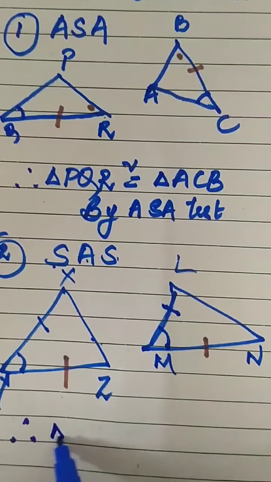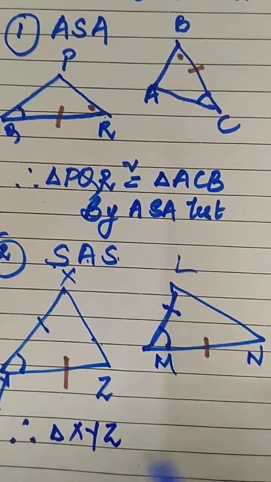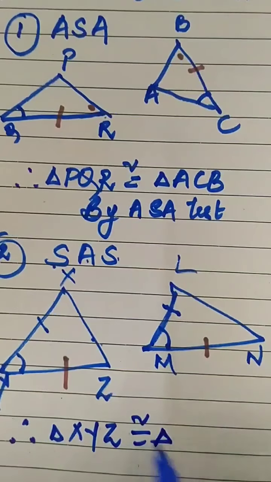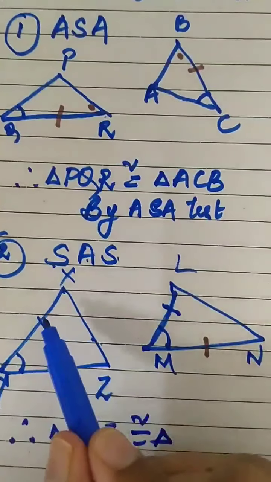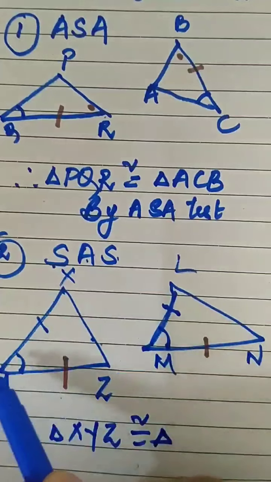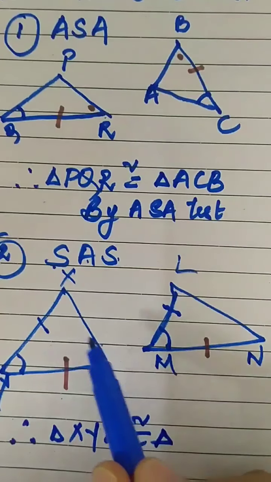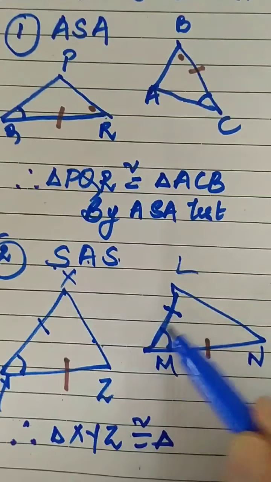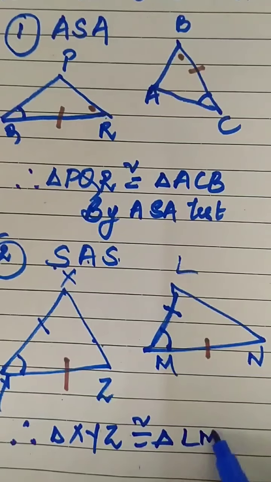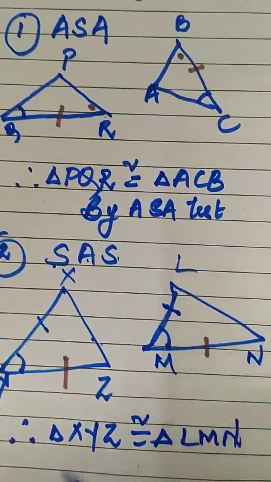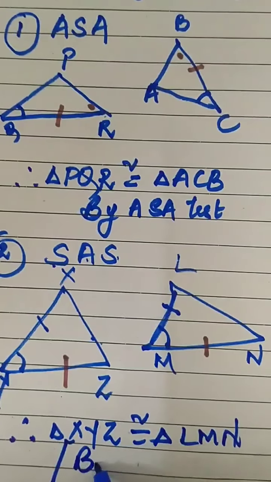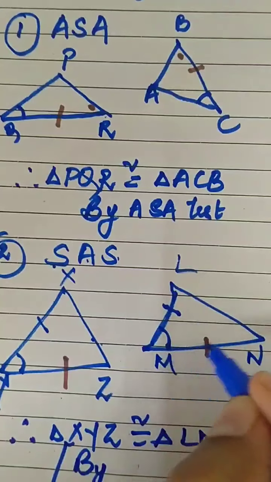Therefore, triangle XYZ congruent to triangle, XYZ means I have marked from blue marked side to brown marked side. So blue marked side LMN to brown marked side. By which test? By side, angle, side test.